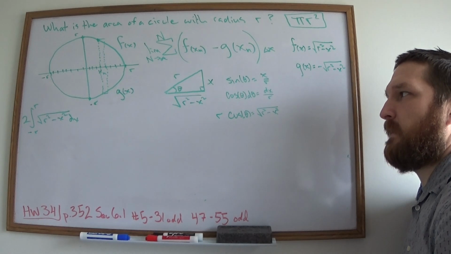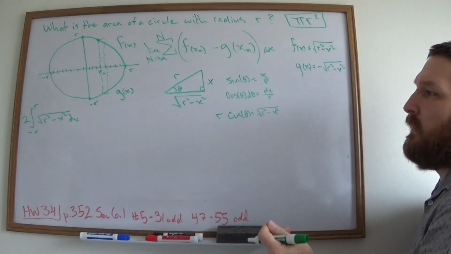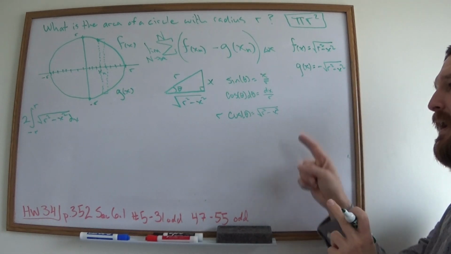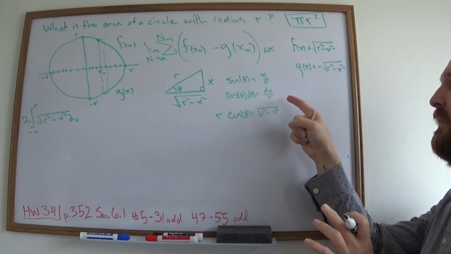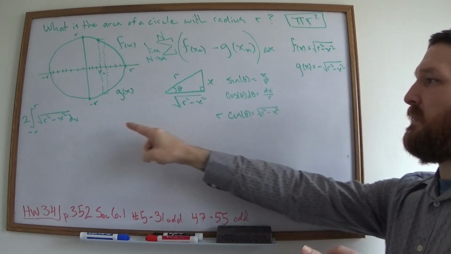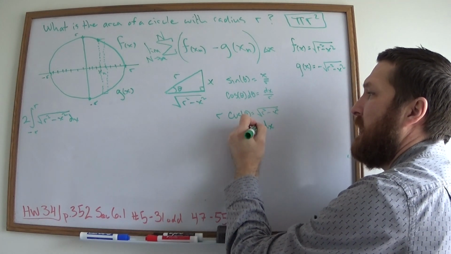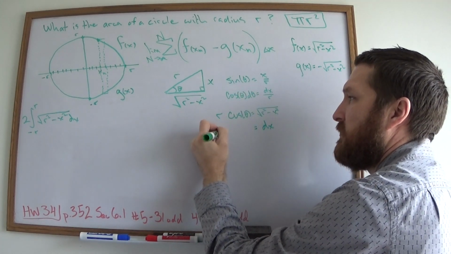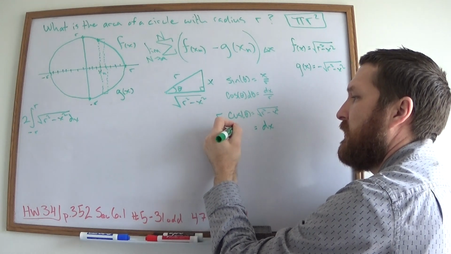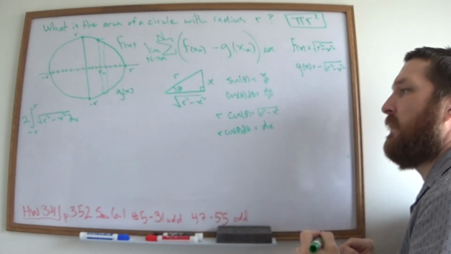R will cancel. And now dx is the other thing I need. I have that right here. Dx, the r comes upstairs: r cos theta d theta.